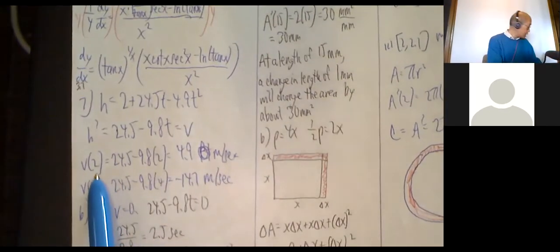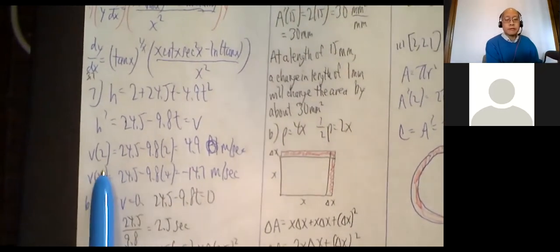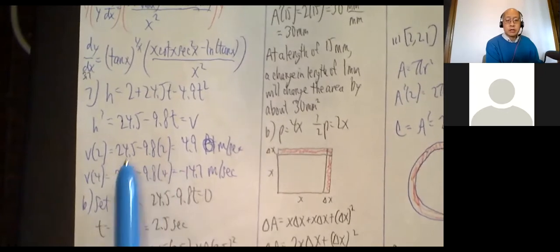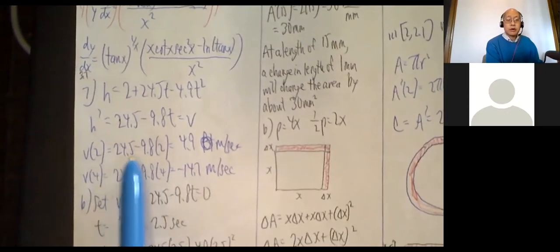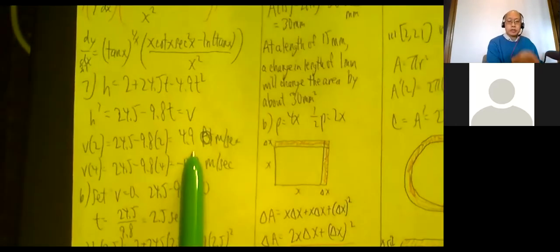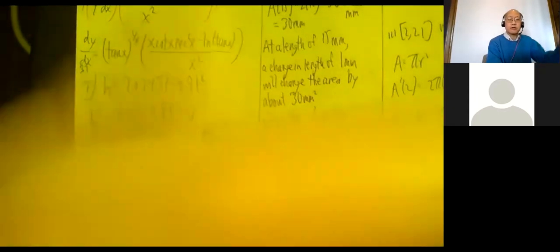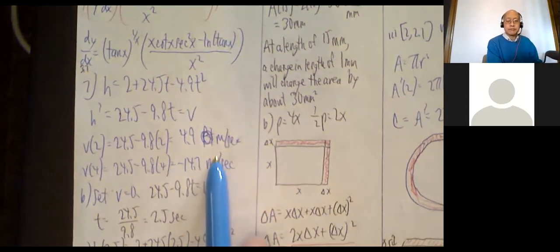It asks for the velocity after 2 seconds and the velocity after 4 seconds. So I just plug into the velocity function. Plug in 2: 24.5 minus 9.8 times 2, 4.9 meters per second. Height is given in meters. Time is given as seconds, so velocity is meters per second.